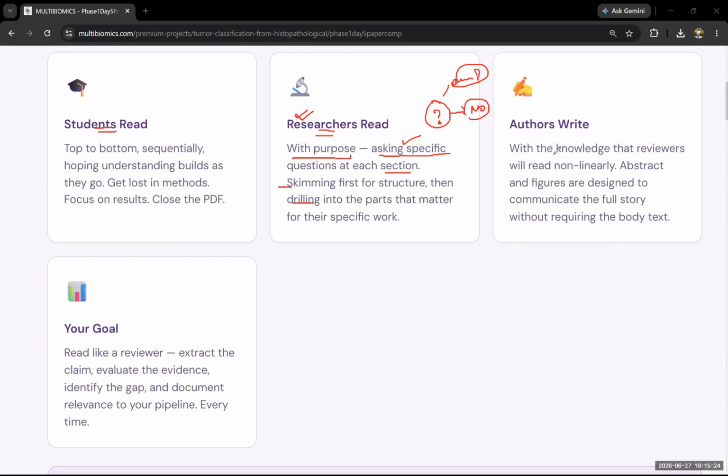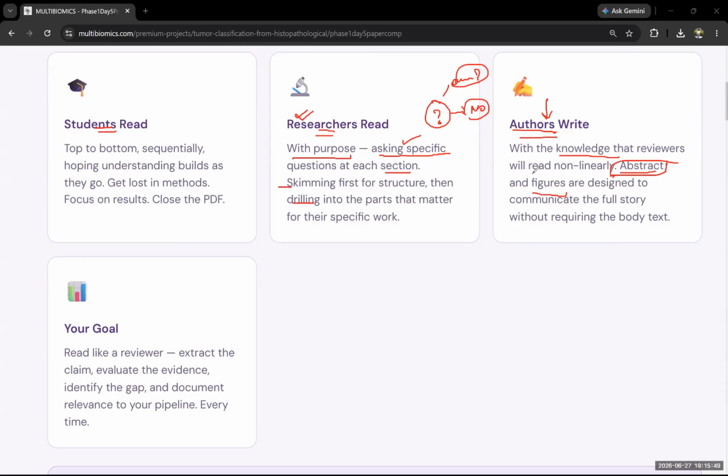Authors already have the knowledge. It is very difficult to be an author, you know. Very rarely is good work published nowadays. So abstracts and figures are designed. Not only writing, you have to design how to write an abstract. What is an abstract? If you don't know, I'll explain it to you.